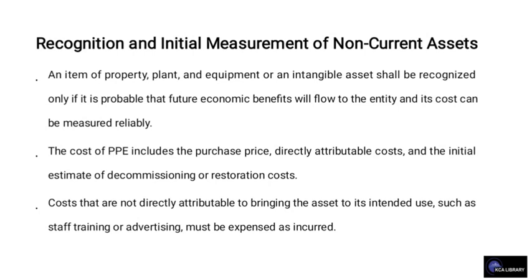The cost of PPE includes the purchase price, directly attributable costs, and the initial estimate of decommissioning or restoration costs. Costs that are not directly attributable to bringing the asset to its intended use, such as staff training or advertising, must be expensed as incurred.